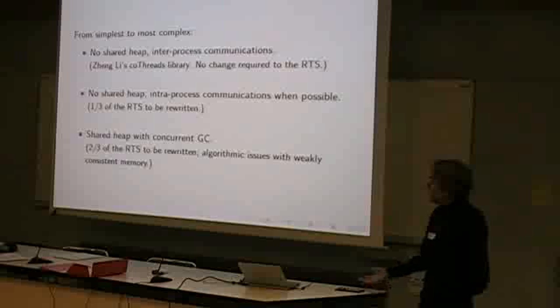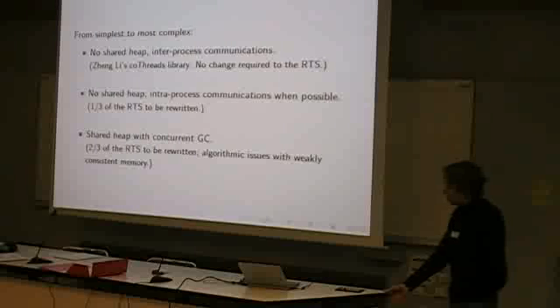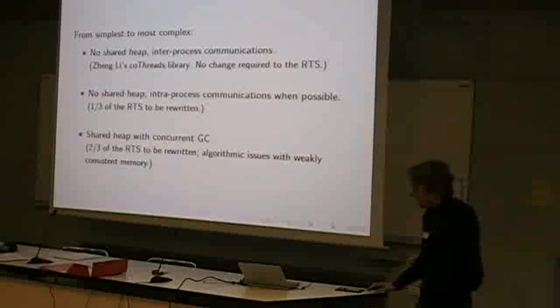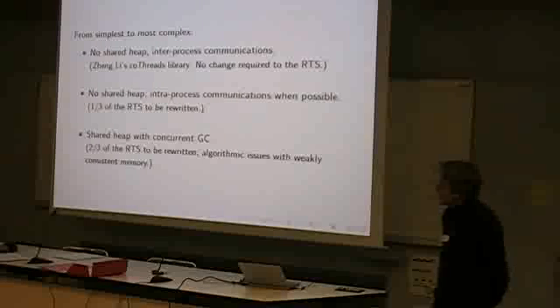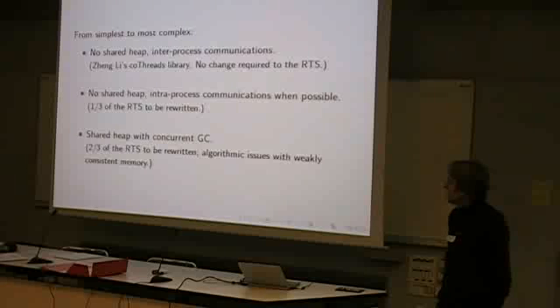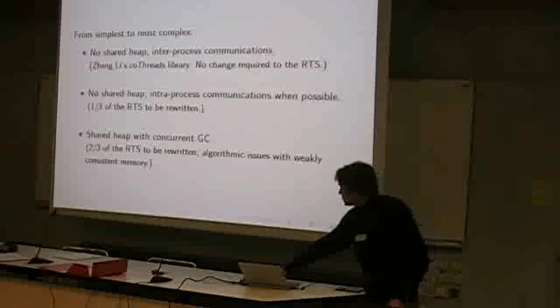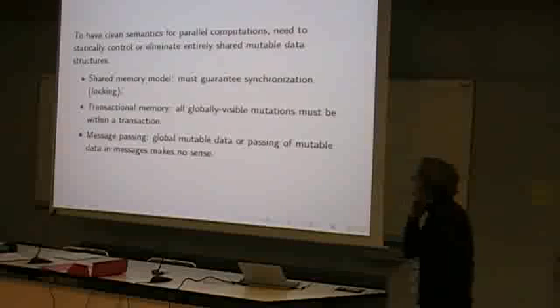We need a thread-safe GC and memory allocator, and probably even better a concurrent GC and memory allocator. So there are at least two thirds of the runtime system that need to be rewritten. And more importantly, there are very hard algorithmic issues with weakly consistent memory models that we still don't quite know how to solve.